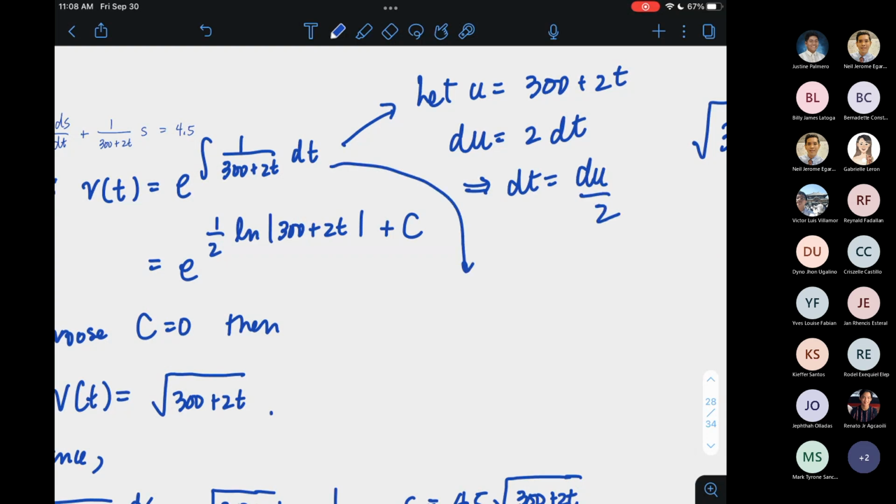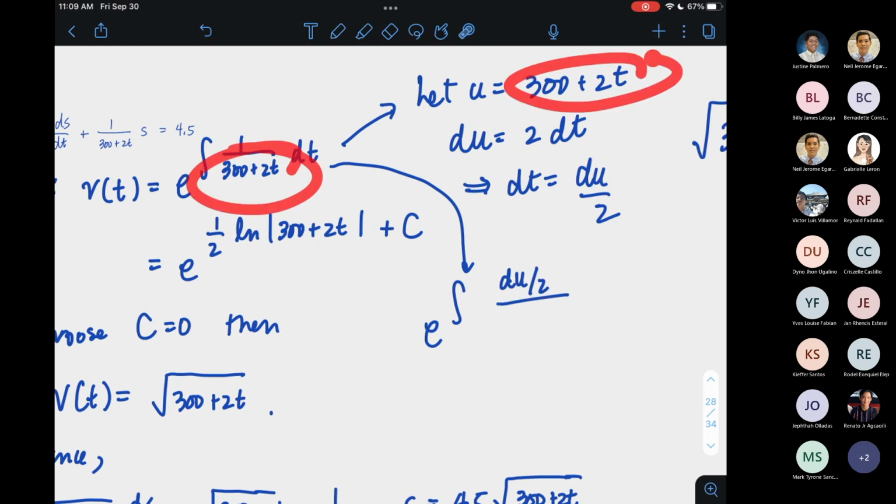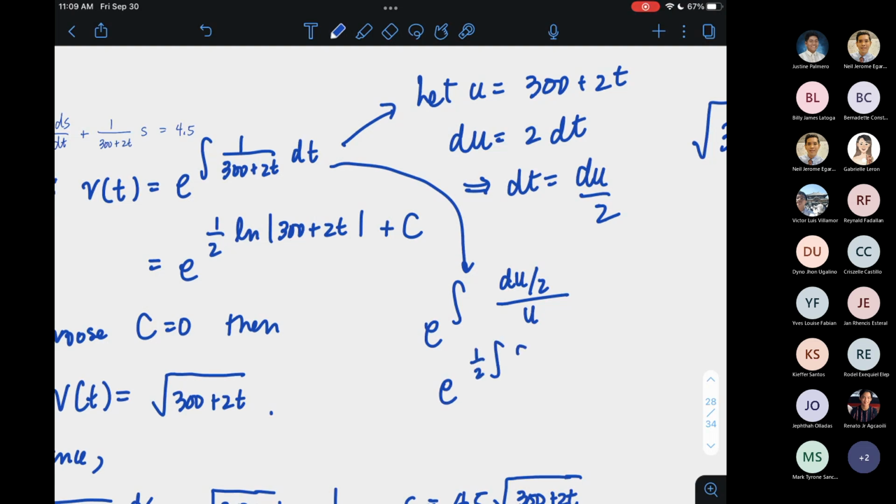So pagpunta ko dun sa integral, naging du over 2 siya divided by 300 plus 2t, which is u. Kaya magiging e to the 1/2 integral ng du over u, magiging e to the 1/2 ln ng absolute value ng u plus c. So hindi mababago yung u.